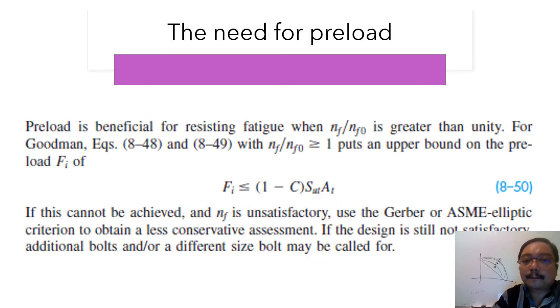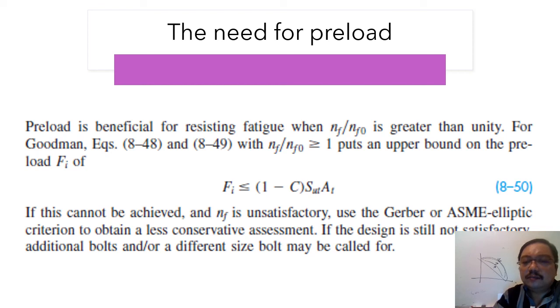So the need for preload is beneficial to resisting fatigue when the load factor gets greater than unity. For the Goodman equation, a load factor beyond 1 puts an upper bound on the load, Fi. Okay, it cannot be achieved, and the design is unsatisfactory.